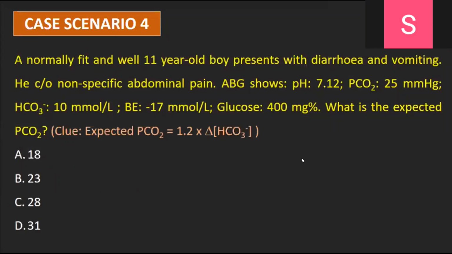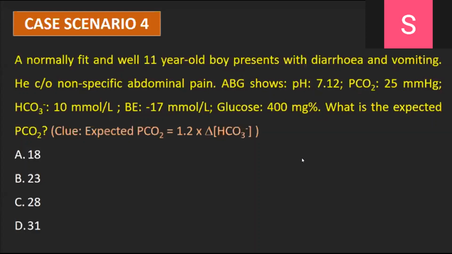Yes, ma'am. So if we go by the formula, we have to first calculate the delta bicarb. So that would be 24 minus 10, which is 14. So we take 1.2 and multiply by 14, and we get 16.